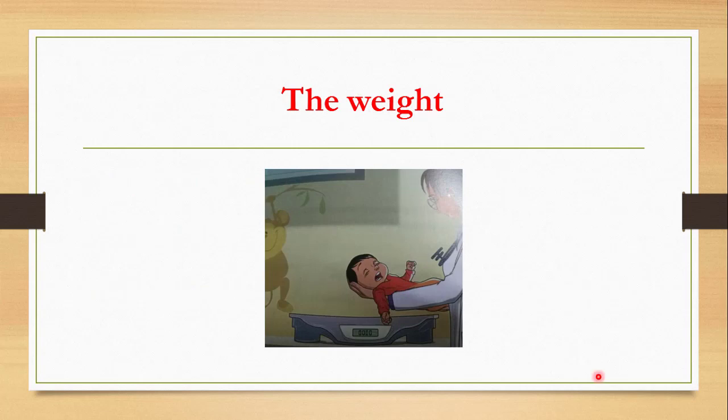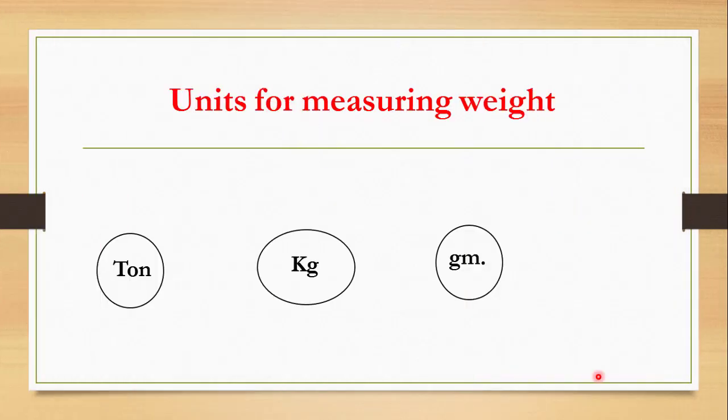Let's talk about weight. You studied weight before in science in the first semester as mass. So we have 3 units for measuring weight. The first unit is ton for very large weights, for medium and large kilograms, and for small weights we will use grams. 1 ton is 1000 kilograms, so I'll multiply by 1000 if I want to convert from ton to kilograms, and I'll divide by 1000 if I want to convert from kilograms to ton.